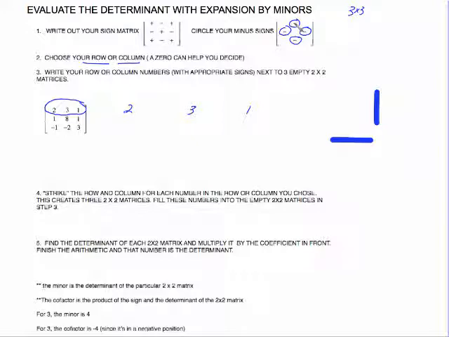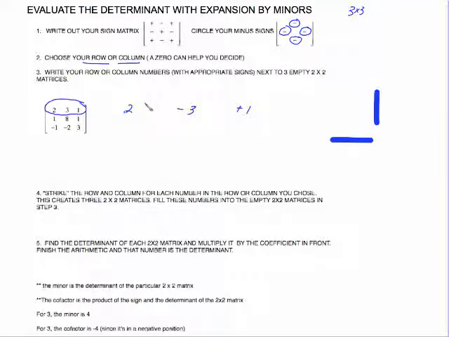There's a negative sign in this middle position, so this 3 gets a negative. That means the 1 will get a plus, and of course the 2 being in the very front doesn't get any sign in front of it at all. So far all we've done is choose the row, write out those coefficients, and get the appropriate signs. I just think about the negative signs being in that diamond configuration.